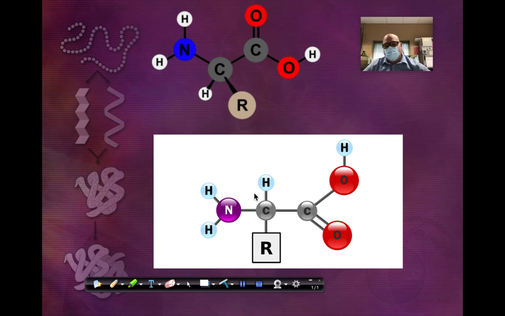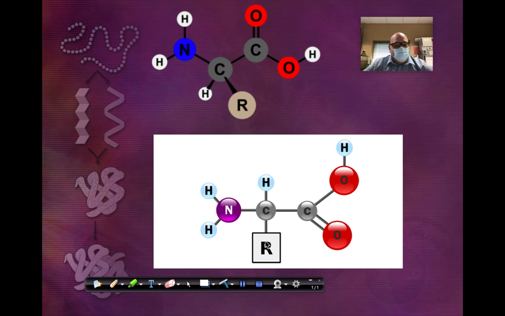Down below, you've got a little bit more basic two-dimensional drawing that kind of shows you what I just drew. And these will hook up with each other just like sugars do. You'll get an OH off of one side and you'll get an H off the other. And we'll always see these go nitrogen to oxygen, nitrogen to oxygen, nitrogen to oxygen.